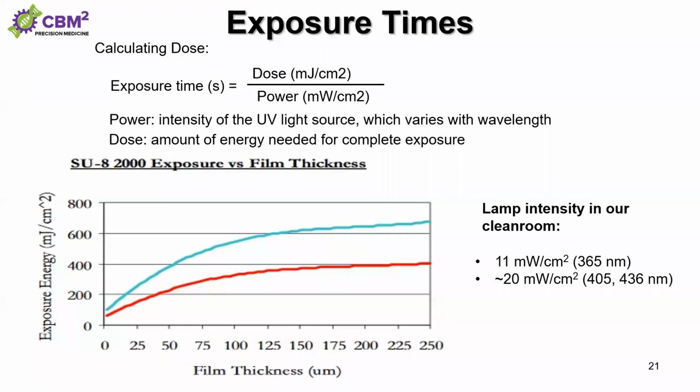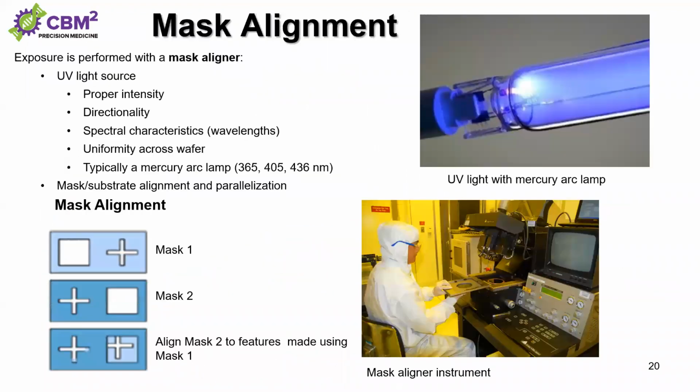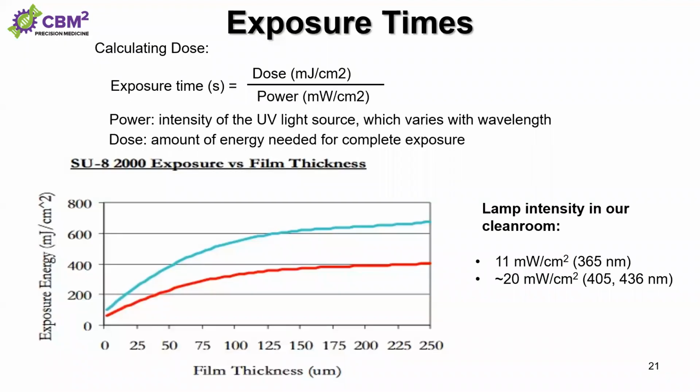So now, once you put the mask onto the substrate, we have to determine the exposure time. Exposure time is basically the dose divided by power. Power means the power of your light source, which normally varies with wavelength.